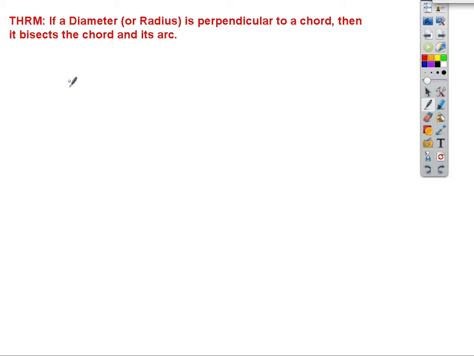So another theorem that we have is that if a diameter or radius is perpendicular to a chord, then it bisects that chord.